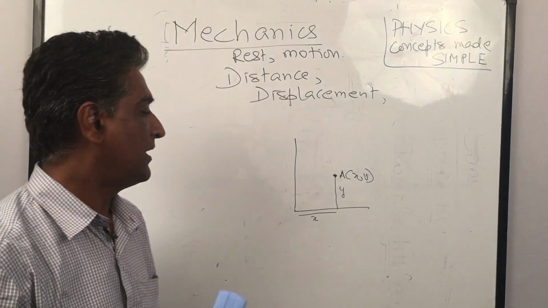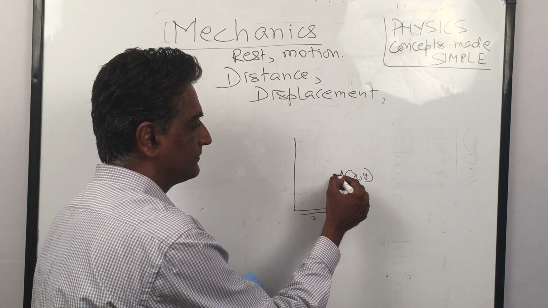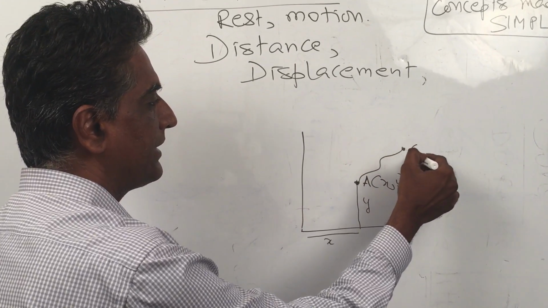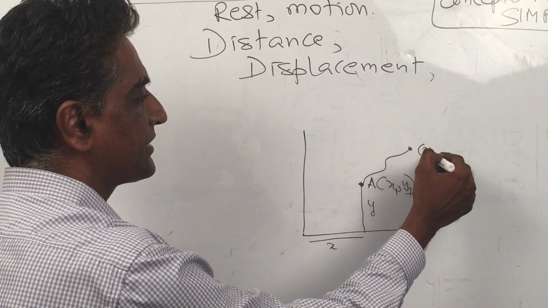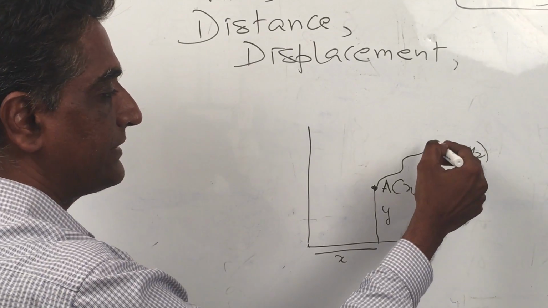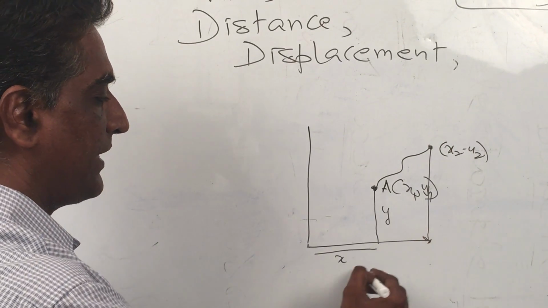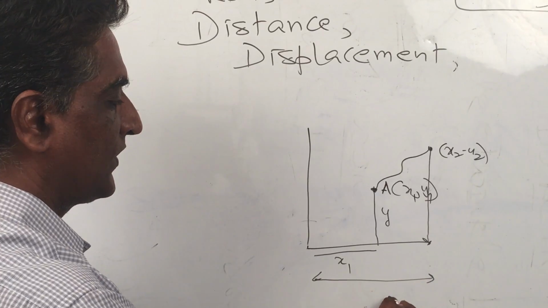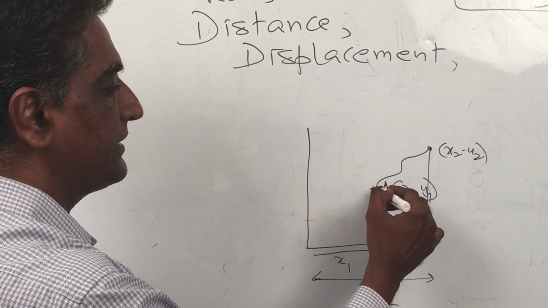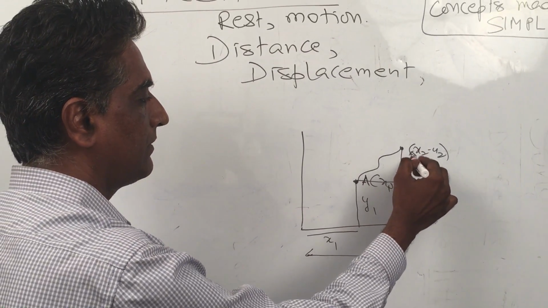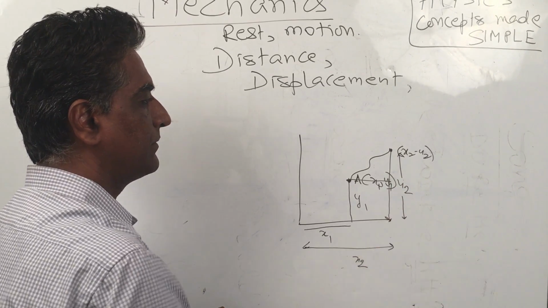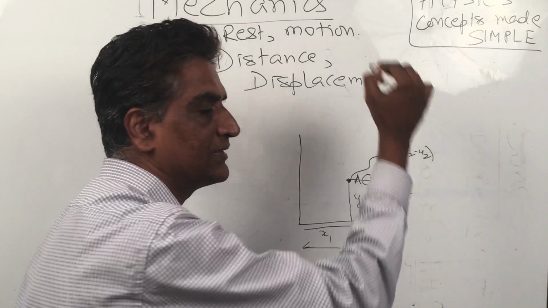But suppose A moved here, and this was x1, y1, and now x2, y2. It has changed its coordinates from x1 to x2 and from y1 to y2. So we say it has moved.